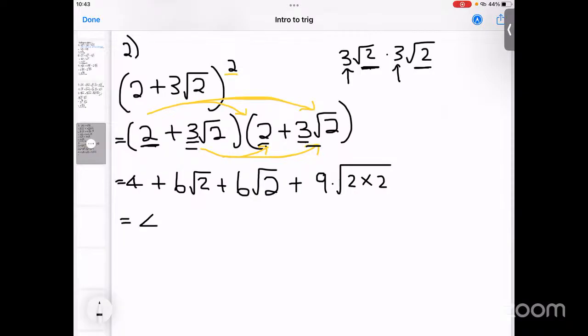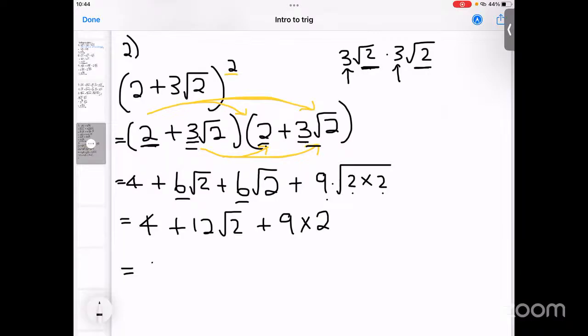Okay, so now you have the 4 there. 6 plus 6, what is that? Is it not 12? So that means you've got 12 square root of 2 that you will plus it with. What is this? This is definitely 9, that this times this is 4 most. And the square root of 4 is what? Is 2. So it's like you're having 9 times 2.